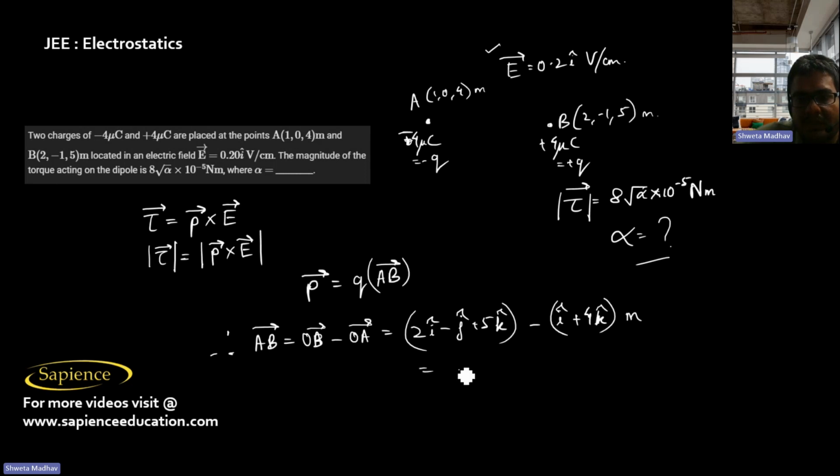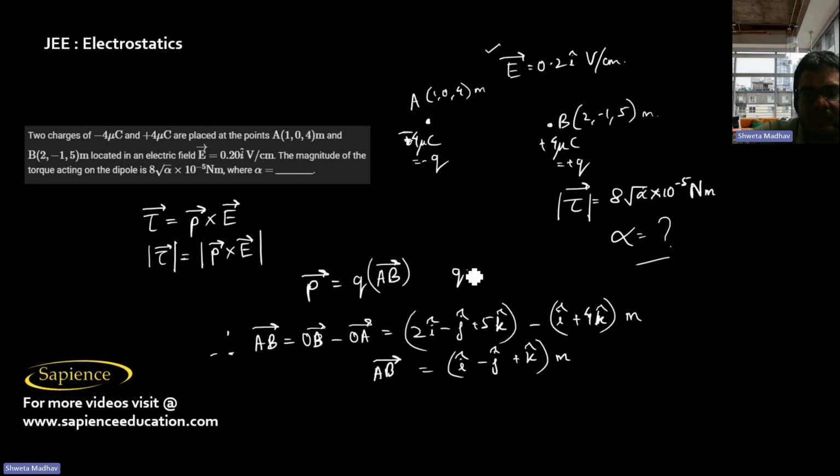So this will be i cap minus j cap plus k cap meters. AB vector is this.